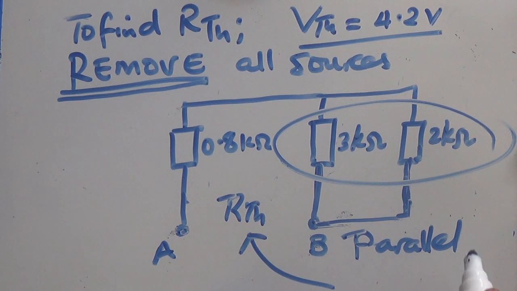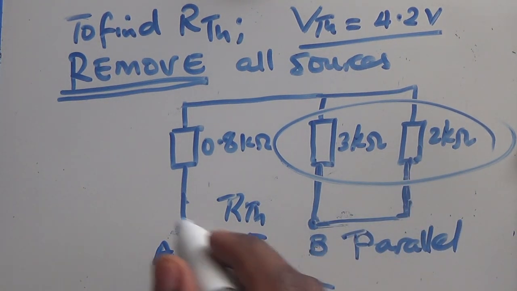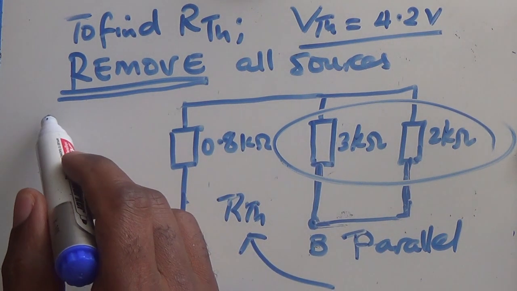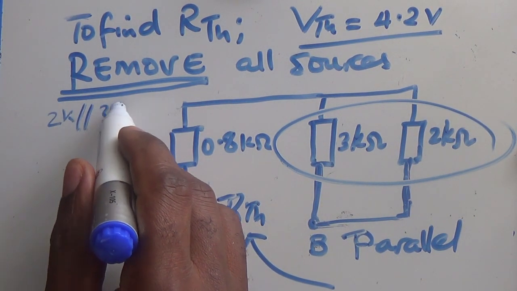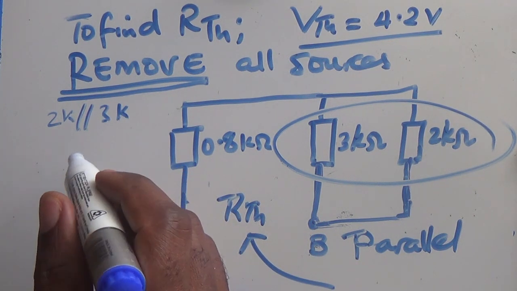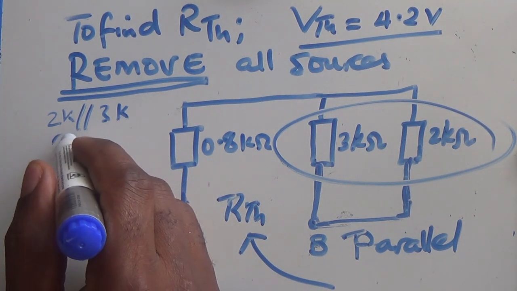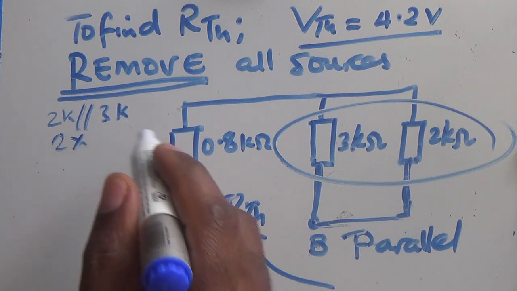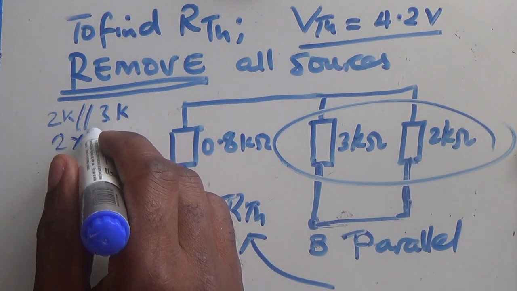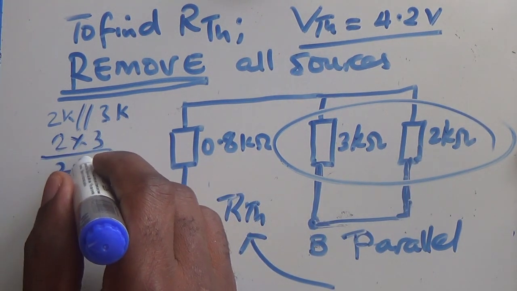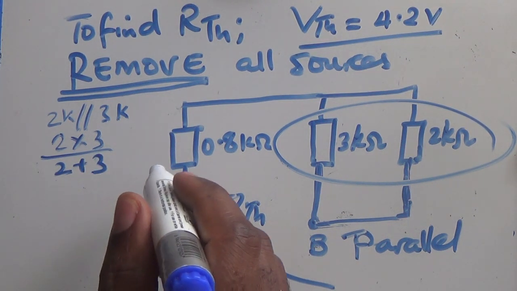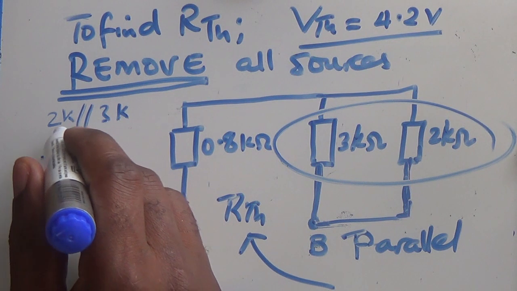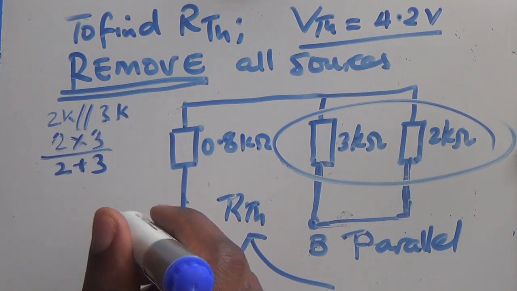We have these two in parallel, the 2K in parallel with the 3K. So this would be the same as 2 times 3 over 2 plus 3, the phenomenon of product over sum.